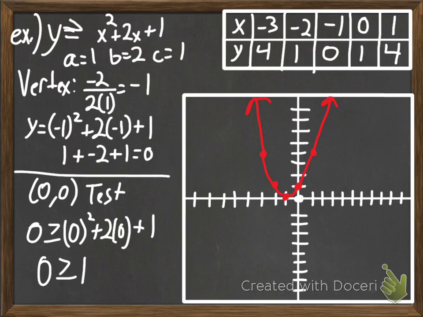Is 0 greater than or equal to 1? It's false. If it's false, we shade where our test point isn't. Our test point is outside the parabola, so we're going to shade inside the parabola. We love to shade. So there we go, there's our answer.